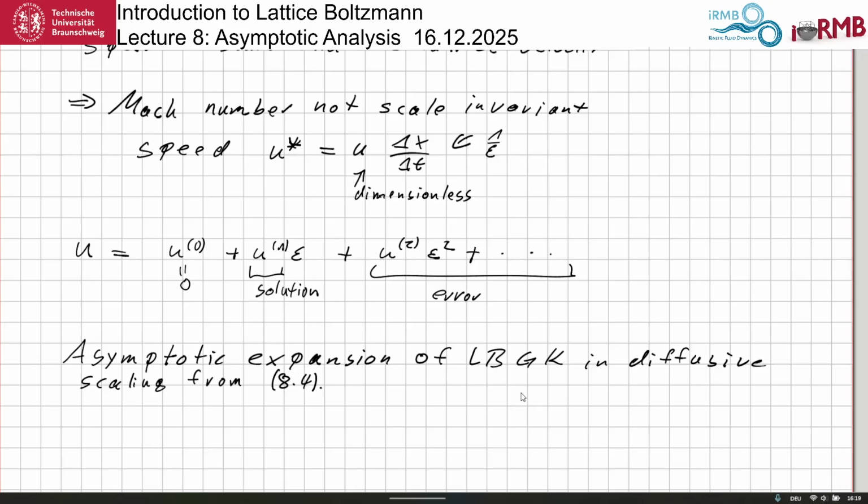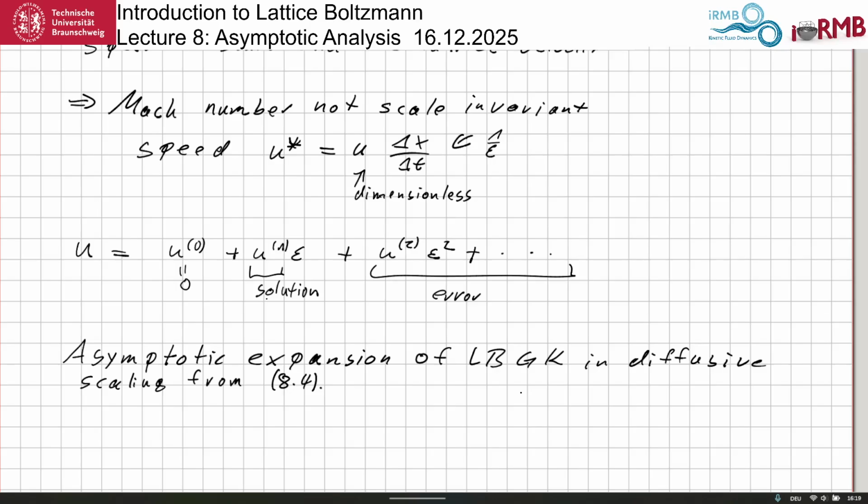A mathematician would tell you that, because of the regularity problem, you have to expand the populations first, and then you are allowed to do a Taylor expansion, assuming that the lower orders in the asymptotic expansion are regular.